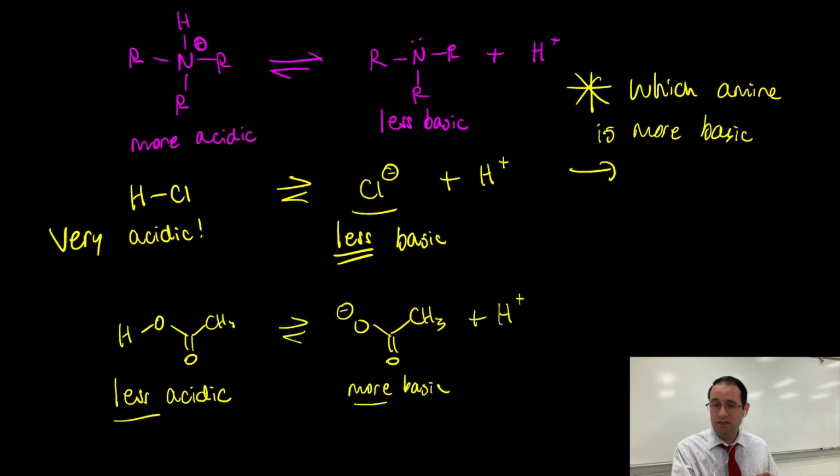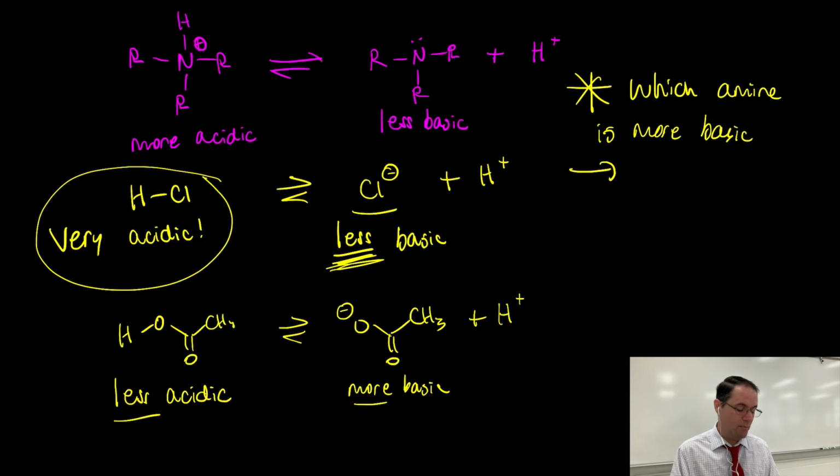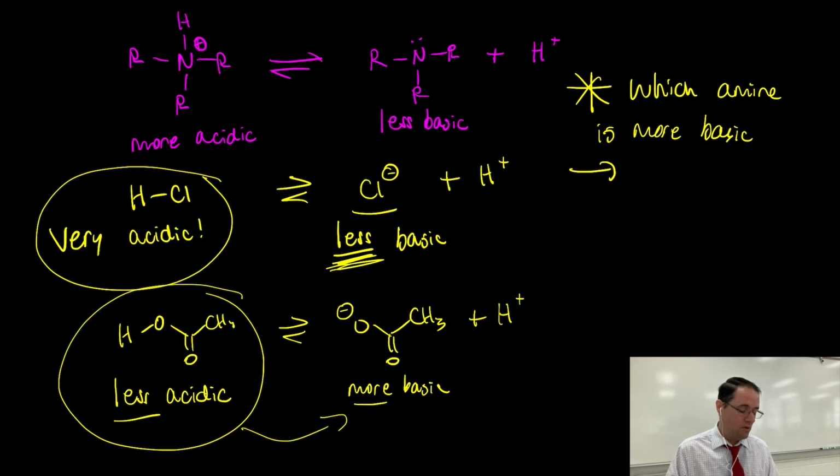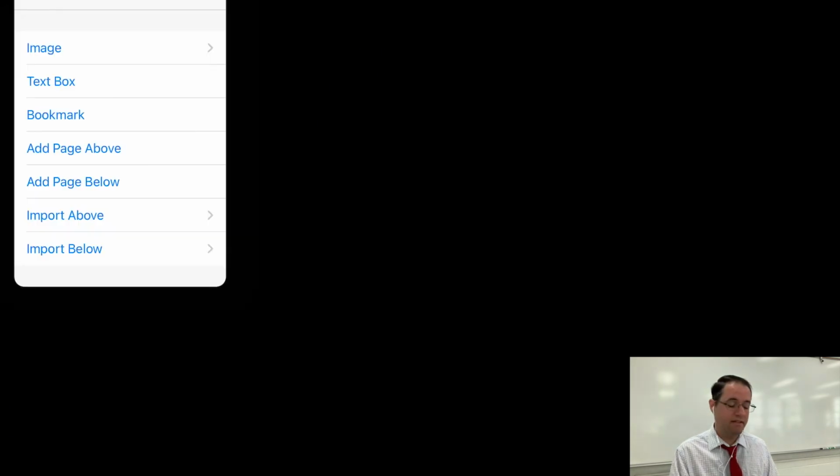If it's really, really acidic, then we would say that amine is not very basic. You get the opposite result. So you can think about the acid and then reverse your thinking and say it's less basic, or say the amine is more basic. Strong acids are not going to have very strong bases as their conjugate base.